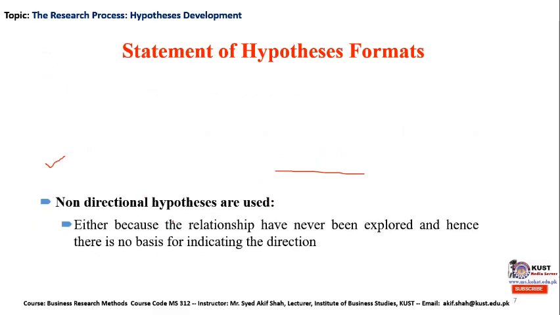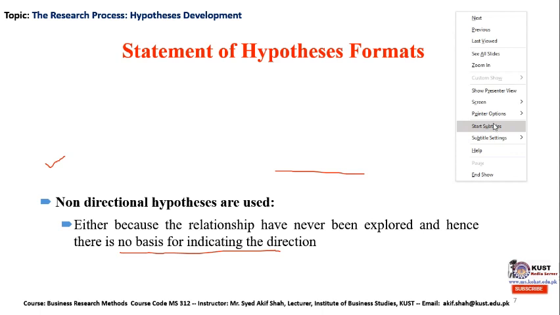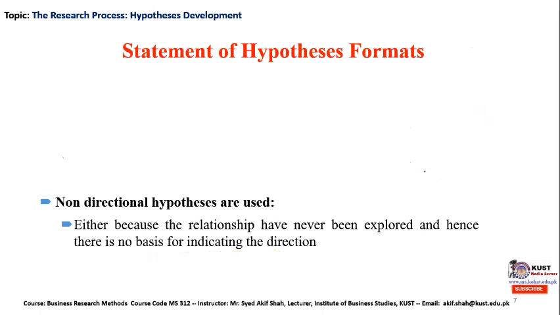In order to conclude on the non-directional hypothesis, we can say that non-directional hypotheses are used either because the relationship has never been explored before and hence there is no basis for the indication of the direction. After a thorough study and writing the critical literature review, the researcher is still unable to highlight a proper direction in the literature. Therefore, such a hypothesis has been formulated by the researcher.